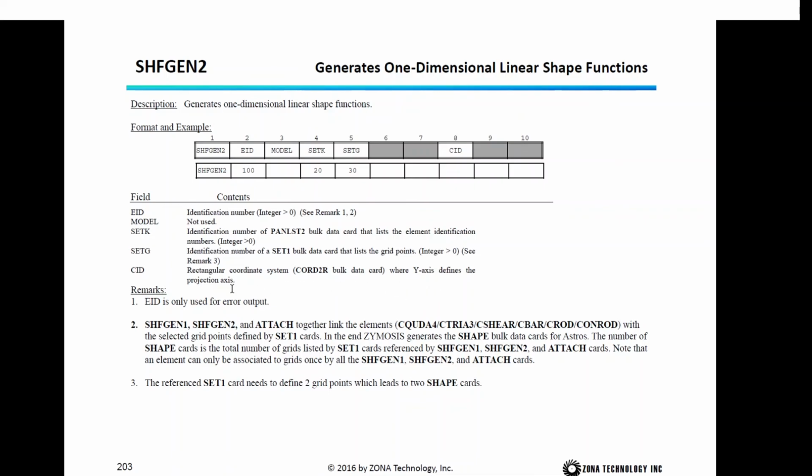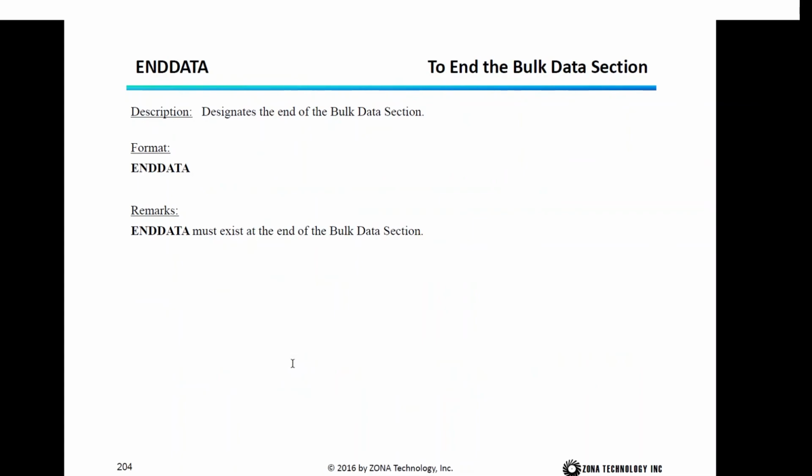So SHAPEGEN2 needs to project the grid points onto a projection axis. Along this projection axis, we can define 2 1-dimensional linear shape functions. And you must specify ENDDATA to end this bulk data section.